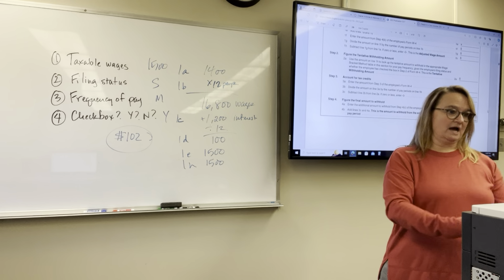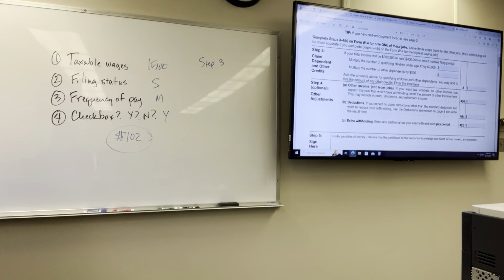So step 3 here, total income, if your total income will be 200,000 or less, 400,000 if married filing jointly, multiply the number of qualifying children under age 17, multiply the number of dependents by 500. Okay, so let's just say that this individual had one child who was under the age of 17, so they had filled out and entered 2,000 here.